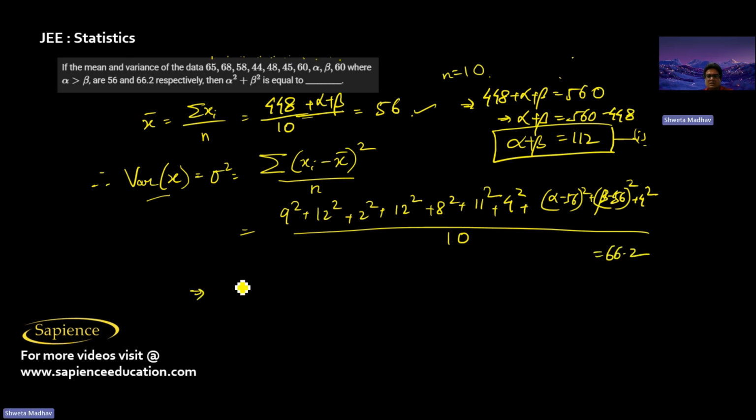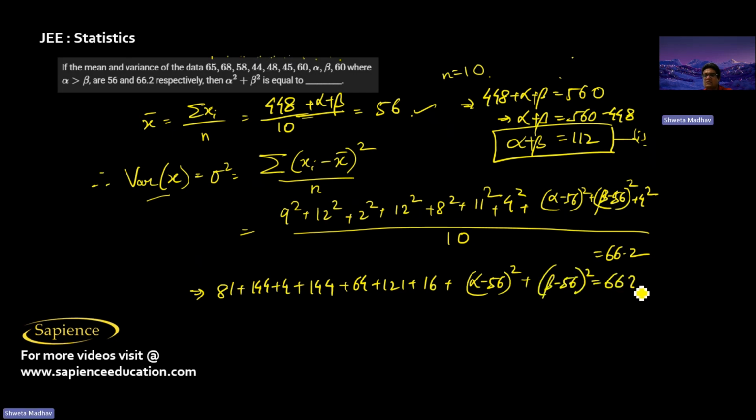So therefore I can say 9 is 81 plus 144 plus 4 plus 144 plus 64 plus 121 plus 16 plus alpha minus 56 whole square plus beta minus 56 whole square that is equal to 662. So therefore alpha minus 56 whole square plus beta minus 56 whole square is equal to 662 minus of this sum.